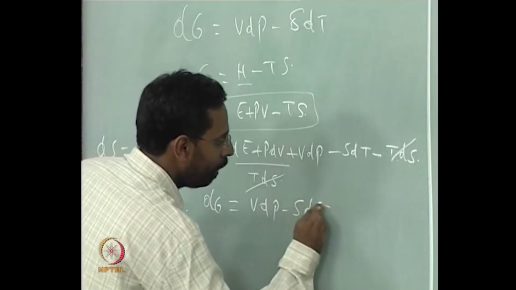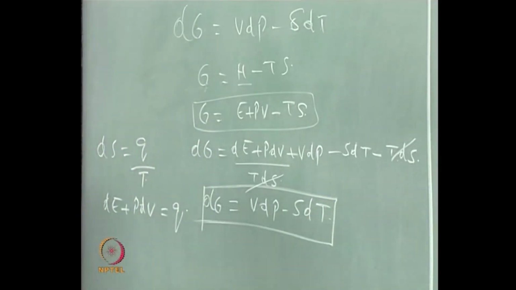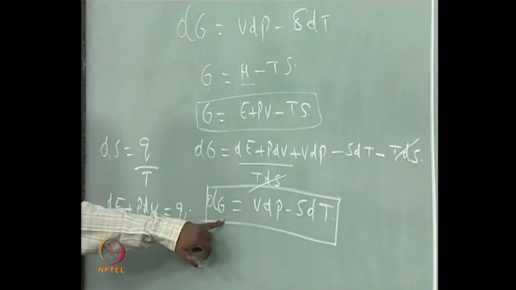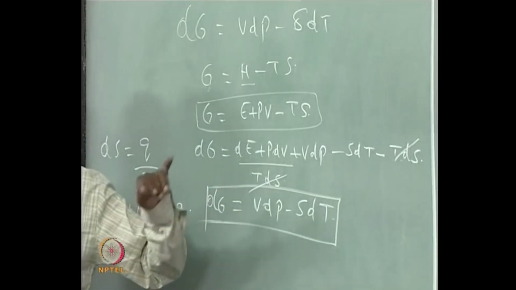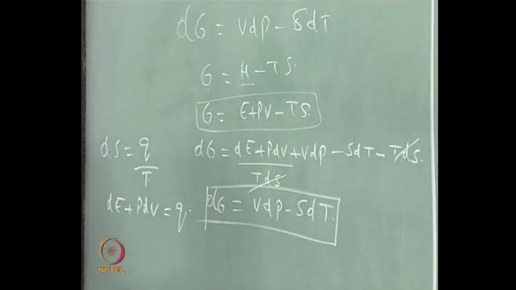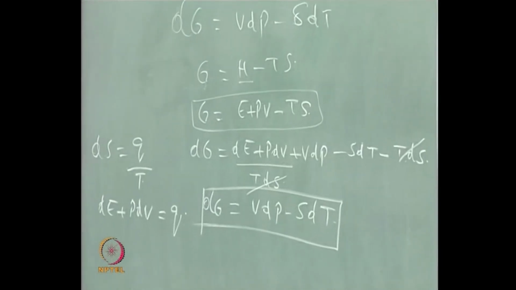It is a very, very profound thing, and we can express every phase with this expression. So basically it connects the free energy with the state variables: volume, pressure, temperature and entropy. Out of them, some are extrinsic, some are intrinsic.